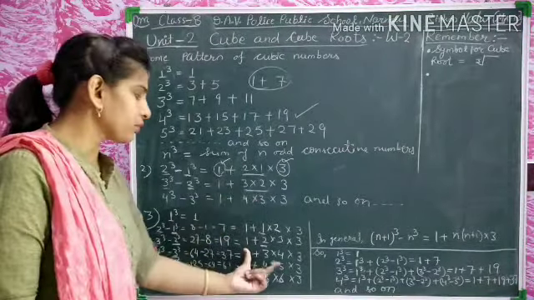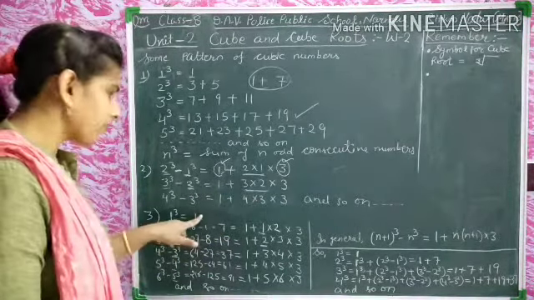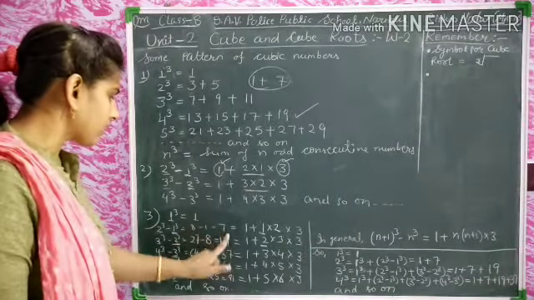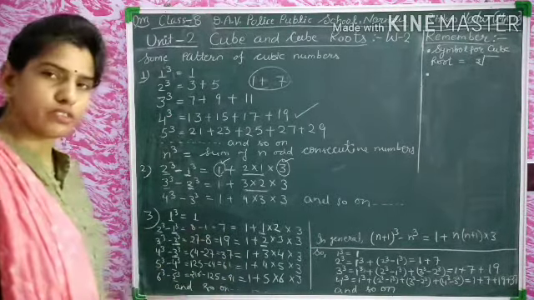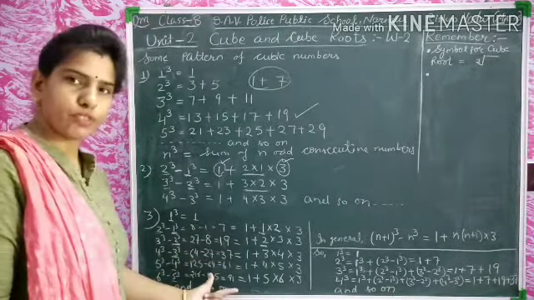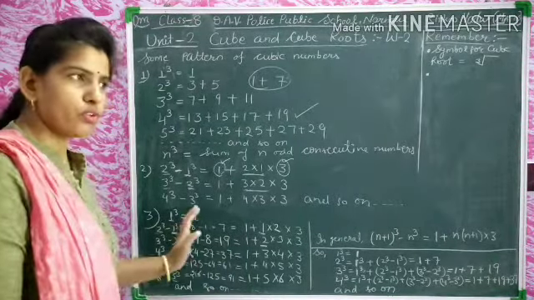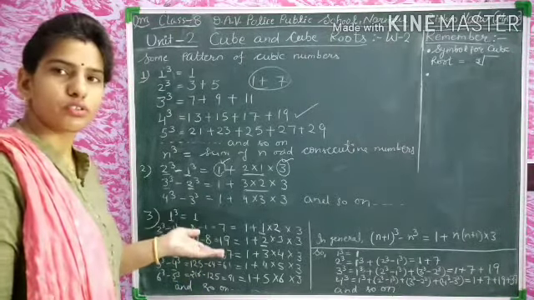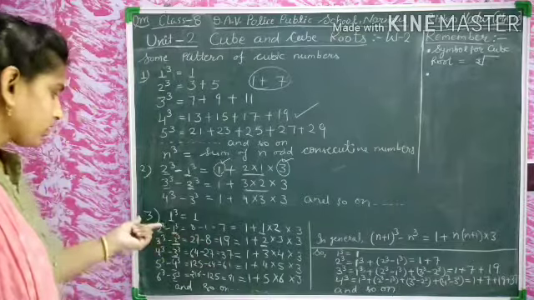There I will be calculating the value of these numbers: 1, 7, 19, 37, 61 and 91. These are the differences of any two consecutive cubing numbers.